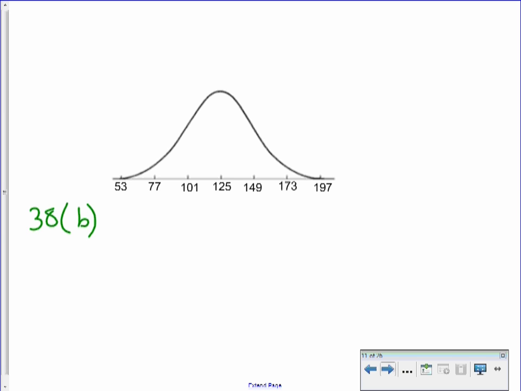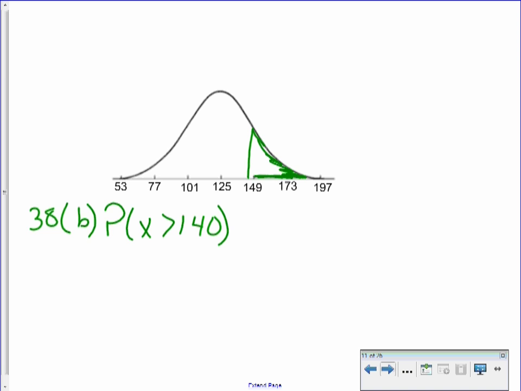Which says we want the probability that a sixth grader reads more than 140 words per minute. So 140 will be somewhere to the left of 145.